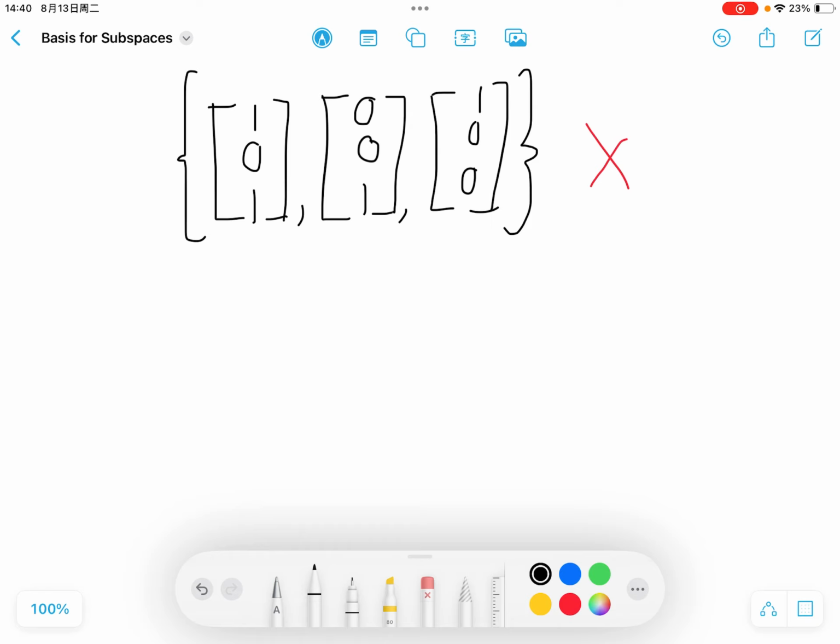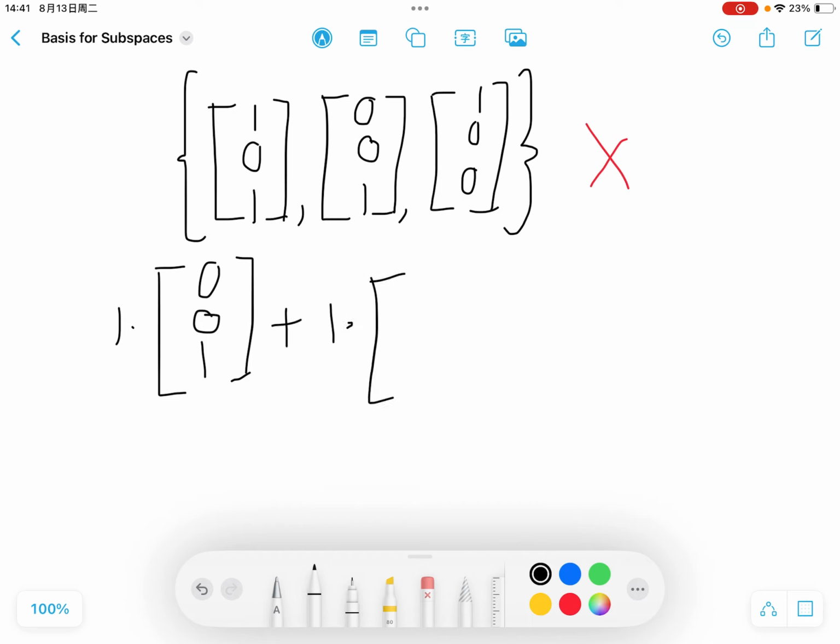Because firstly they have to be linearly independent, and this is not linearly independent because we know that 1 times vector (0, 0, 1) plus 1 times (1, 0, 0) is equal to (1, 0, 1).